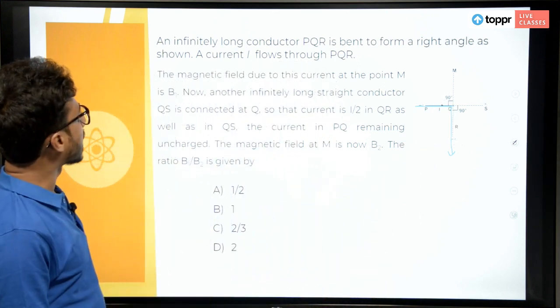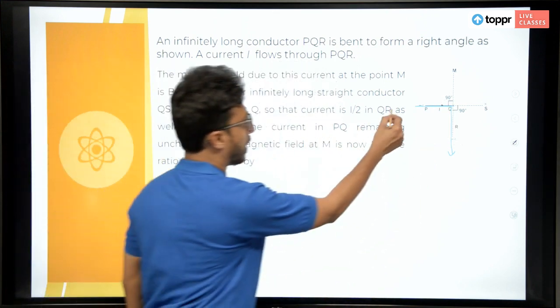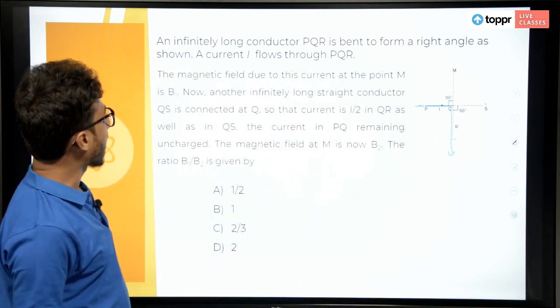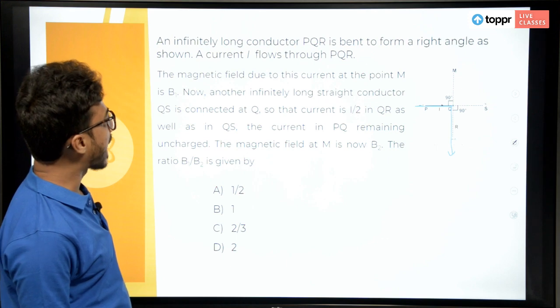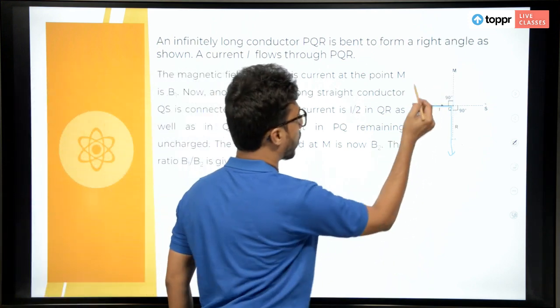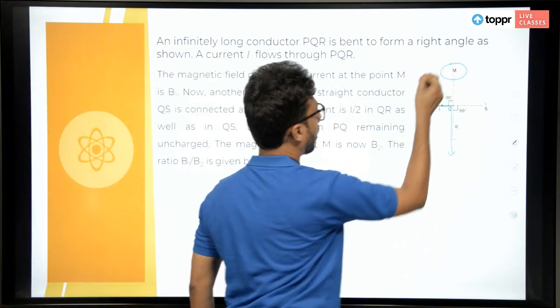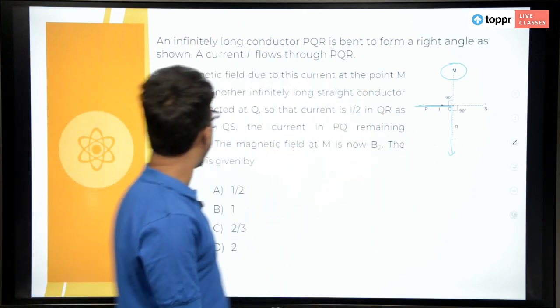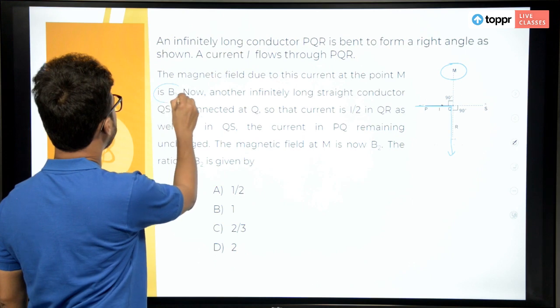A current I flows through PQR. Now current I is flowing through PQR. The magnetic field due to this current at the point M, this is the point M, is B1. For this current, the magnetic field is B1.